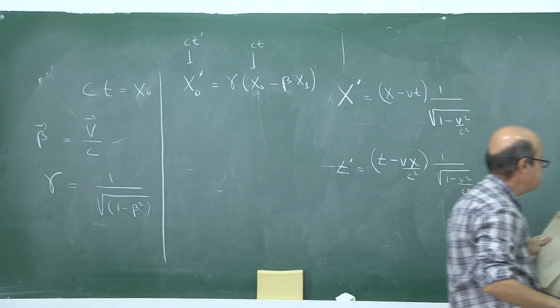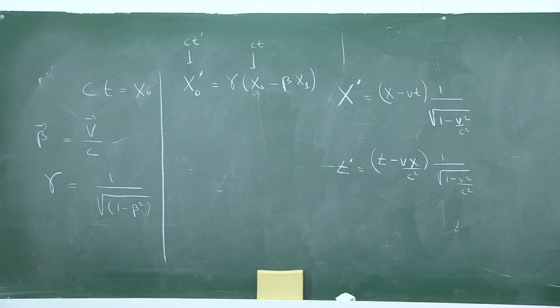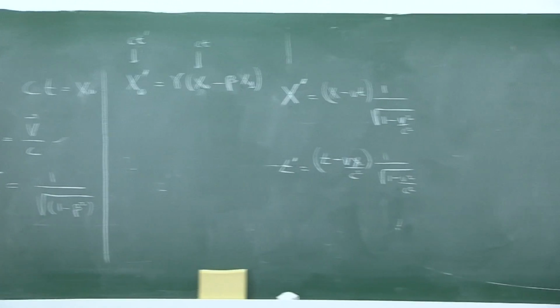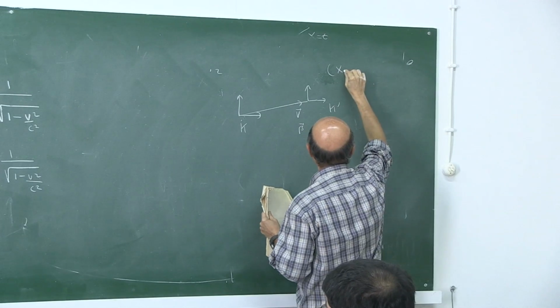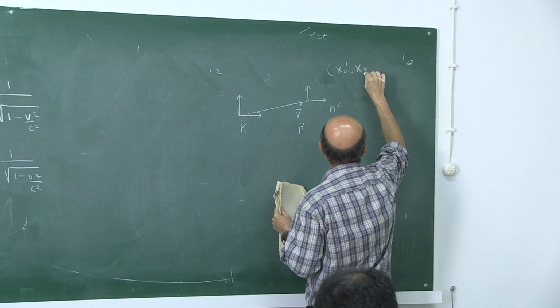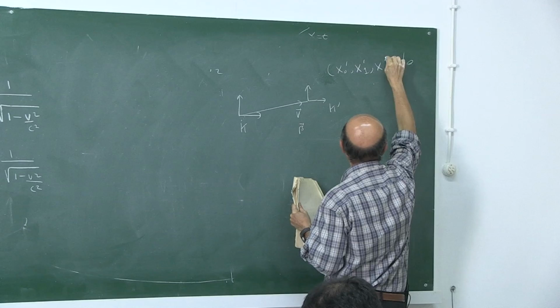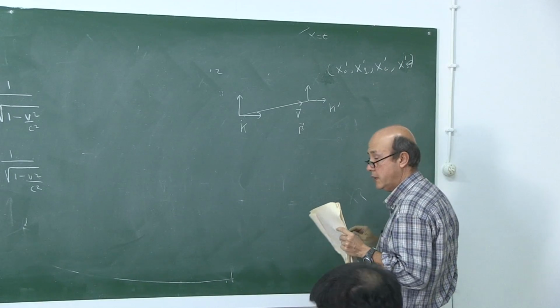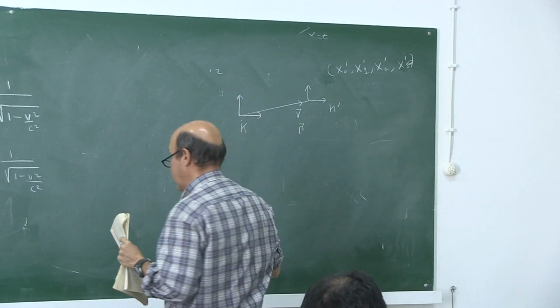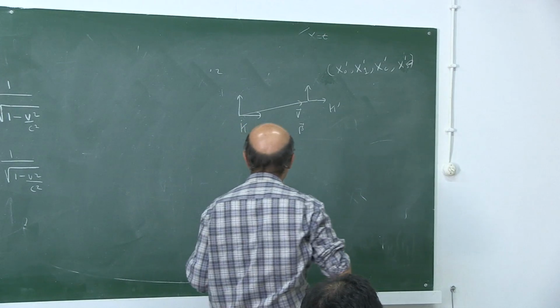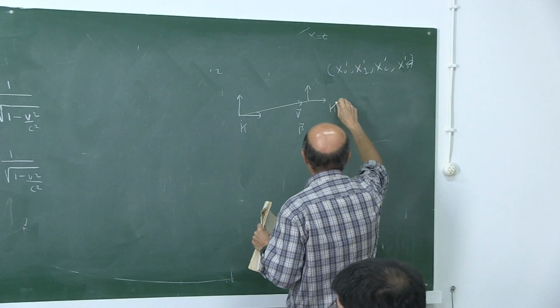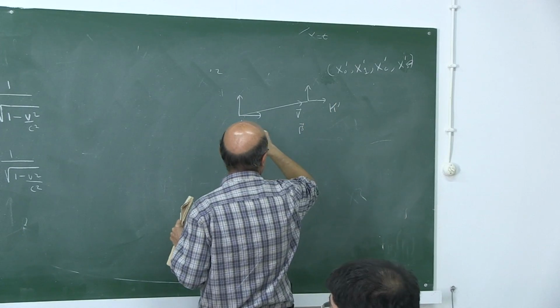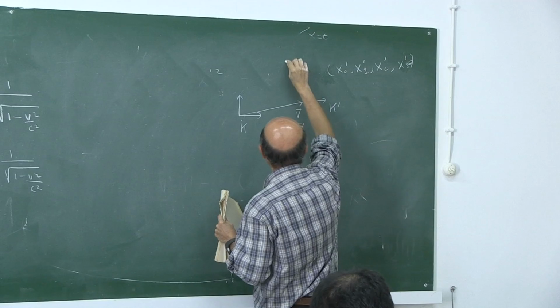So basically, you have here x0 prime, x1 prime, x2 prime, and x3 prime. These are the 4-vector of the time and space coordinates with respect to the k prime observer. With respect to the k observer, suppose that you are observing somewhere here.